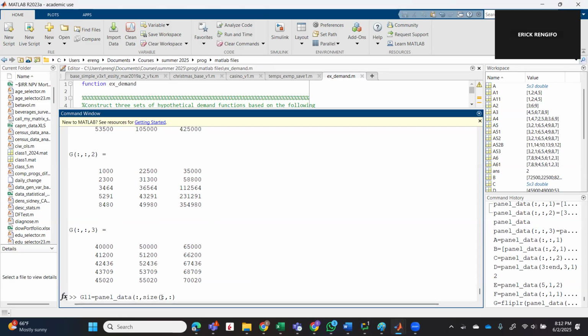Size of panel, comma 2. This is the number of columns, minus 1 to 1. Remember, we have done something similar. So it will take size of panel data 2, which is the number of columns, 3. So it's going to be 3 minus 1, 2 minus 1, 1. Here we go. It's the same.